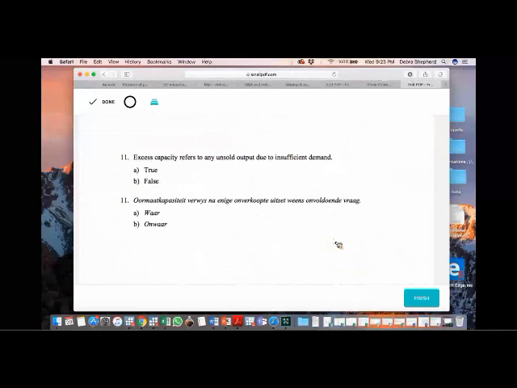And that is why the answer to question 11 is false, because excess capacity is not unsold output. It's output that was never produced. It's output that could have been produced in order to bring cost of production down, but it wasn't produced because in doing so, the firm would have not maximized profit.